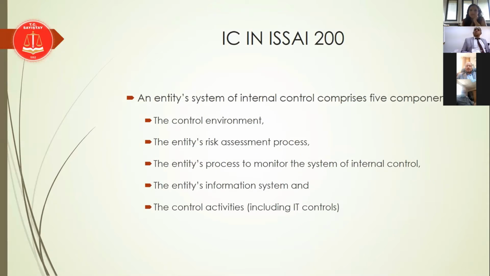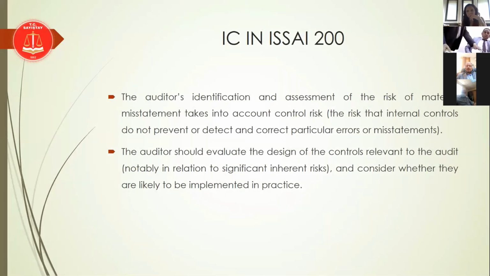An entity's system of internal control comprises 5 components. We have already known this. And in the standards, the auditor's identification and assessment of the risks of material misstatements takes into account control risk. What is control risk?